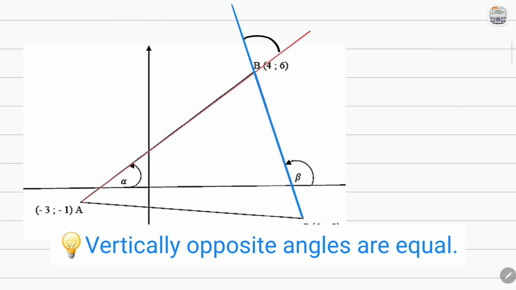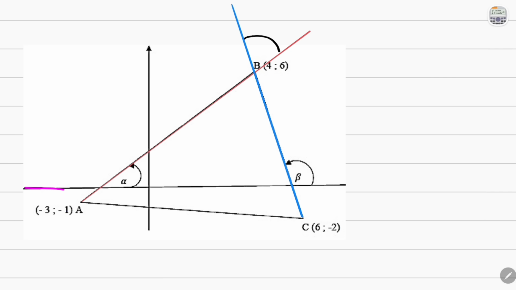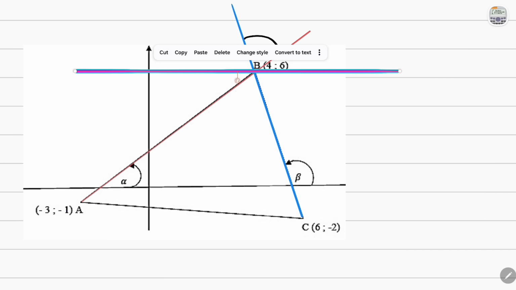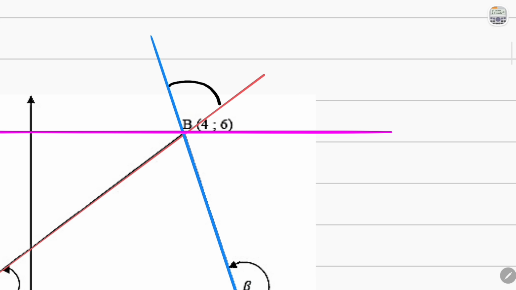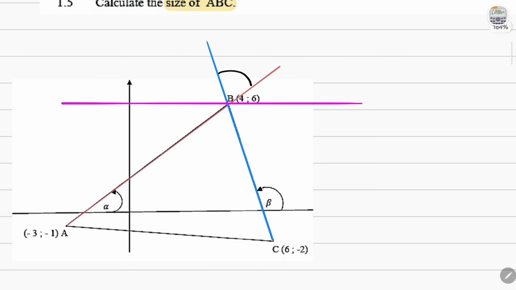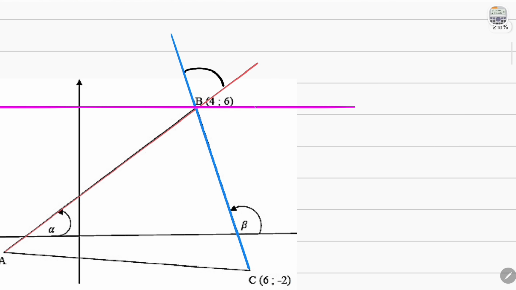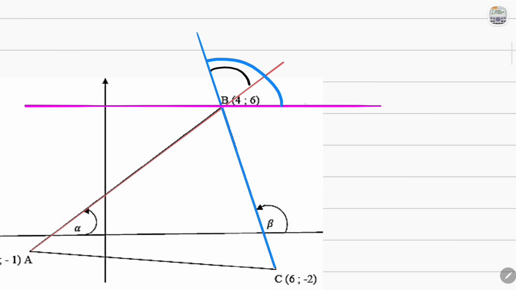Now, here's how we can find it. We are going to draw an imaginary x-axis. So it's a line that is parallel to the x-axis. And if we move this up to this point where that angle is created, we can actually see how to find this angle. So do you see how if this is the x-axis, then the angle of inclination of the line BC will go from this imaginary x-axis all the way to that line BC. And then we could also find the angle of inclination of the line AB. Now that looks like that.